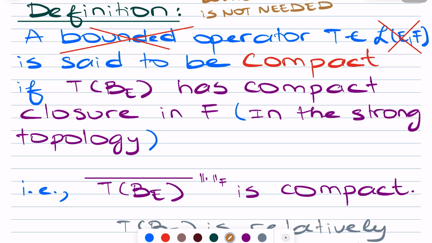It's not a must, as a compact operator is already bounded.